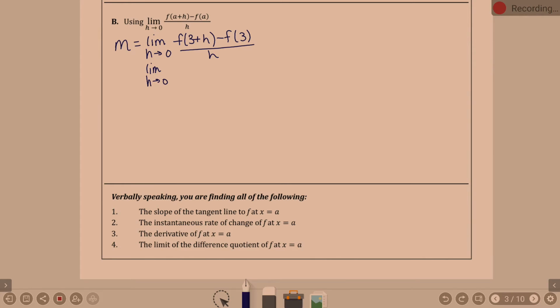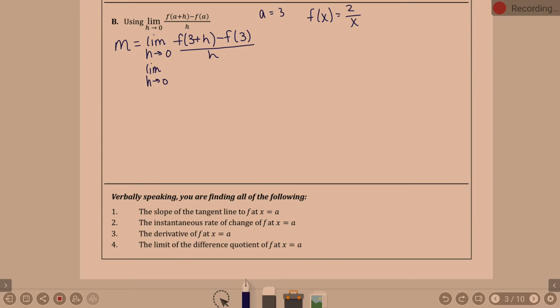f of 3 plus h. Review, what was f of x? It should be 2 over x. y equals 2 over x, so f of x is 2 over x, right? So when it says f of 3 plus h, what are we doing?